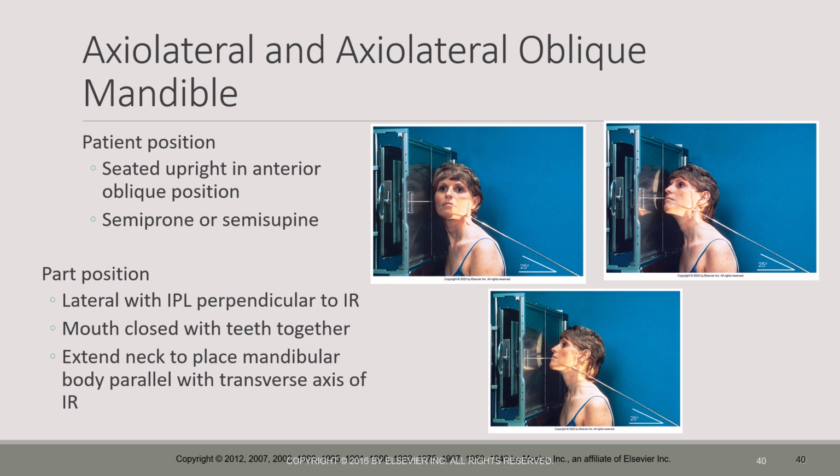As far as the tip and tilt of the head or extension of the chin, you want the edge of the jaw, that is the inferior border of the body, to be running horizontal here. Okay, the mid-sagittal plane is variable depending upon what part of the mandible you want to see the best.